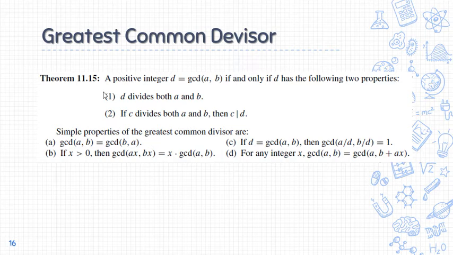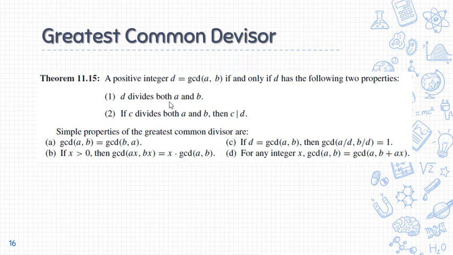It says here that a positive integer d is equals to the GCD of a and b if and only if d has the following two properties. First property is that d divides both a and b. So ma-GCD ra siya sa duha ka number if kaning d nimo ma-divide niya both si a ug si b.